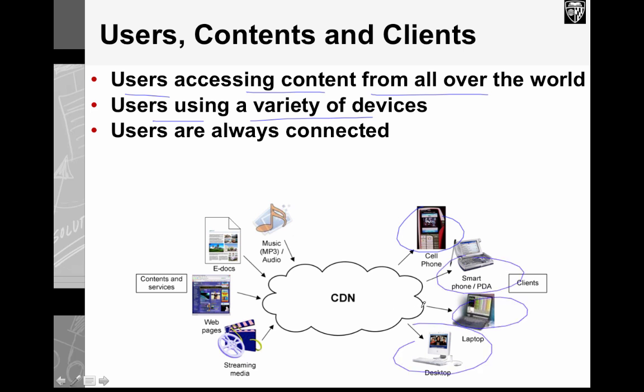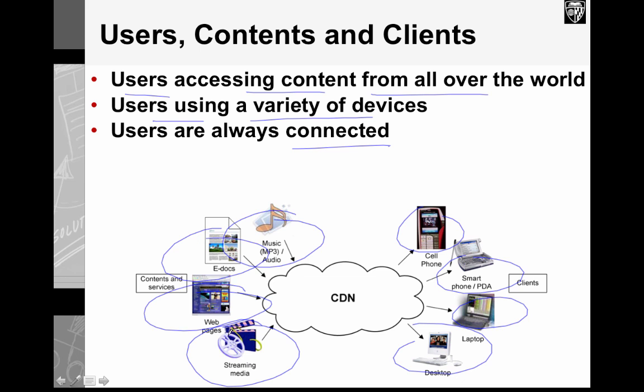All kinds of different clients are being used to access this content. You can even say TVs are now being used to access this content. Users are always connected. And what are they really looking for? They're looking for MP3 music, videos, e-docs. They're looking for services, streaming video services, streaming media services, all kinds of content users want from all kinds of places at any time.